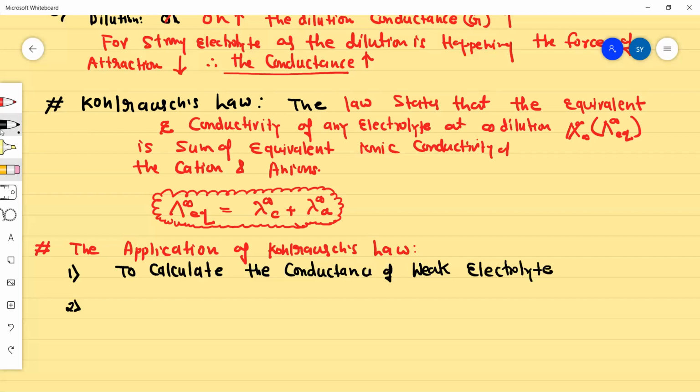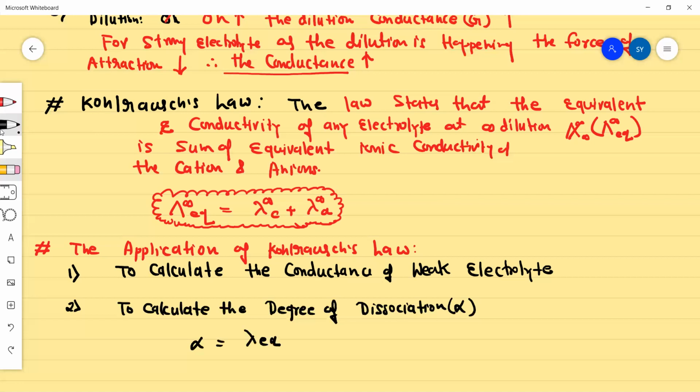Second, it is used to calculate the degree of dissociation. For a strong electrolyte, the degree of dissociation is 1. So to calculate the degree of dissociation, that is alpha, alpha is equal to lambda equivalent upon lambda equivalent at infinite dilution.